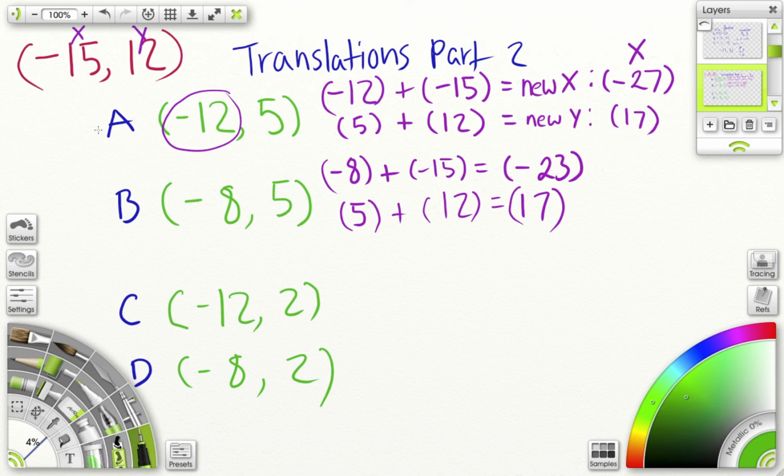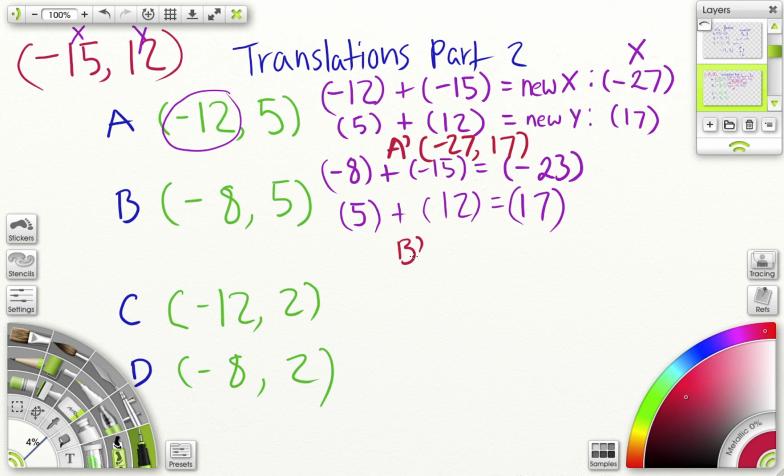So our a prime, or let's do this in a different color, a prime is negative 23 and positive 17. Our b prime, remember we always use prime for our new shape. So a, b, c, whatever those are, are originals.